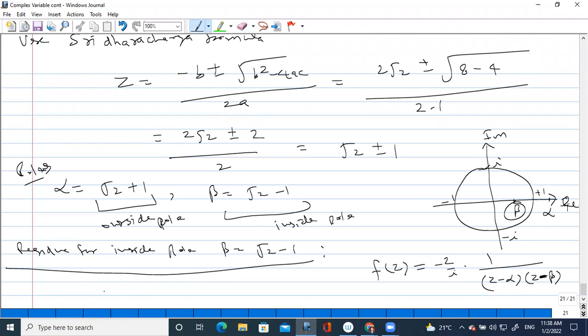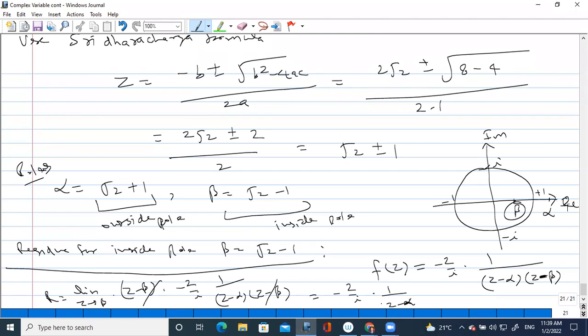So to find out the residue, I will use the method of simple pole. Okay. Limit Z tending to beta, Z minus beta into FZ. FZ is minus 2 upon I, 1 upon Z minus alpha, Z minus beta. So Z minus beta, Z minus beta cancel. So answer left is minus 2 upon I into 1 upon Z minus alpha.